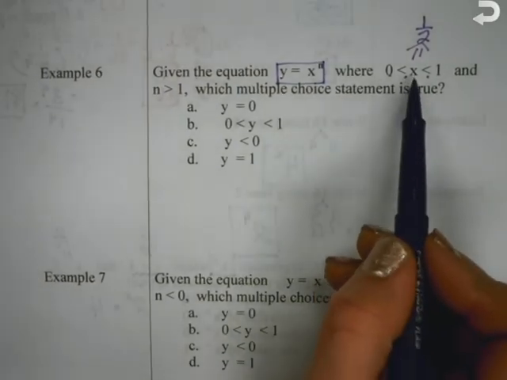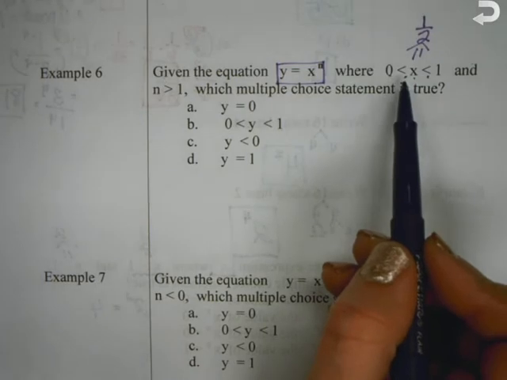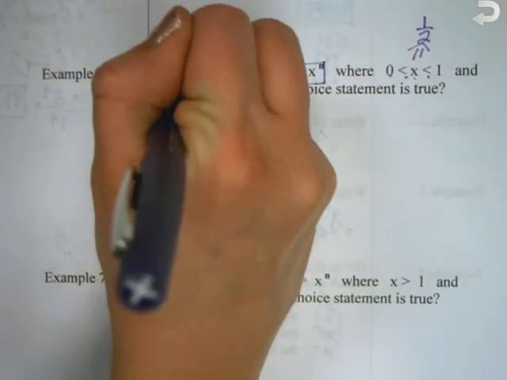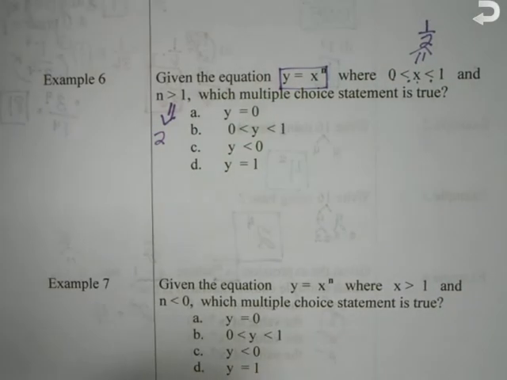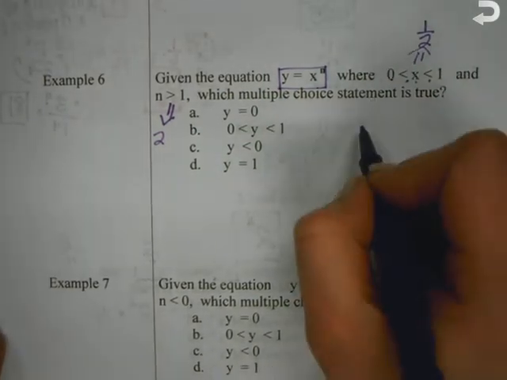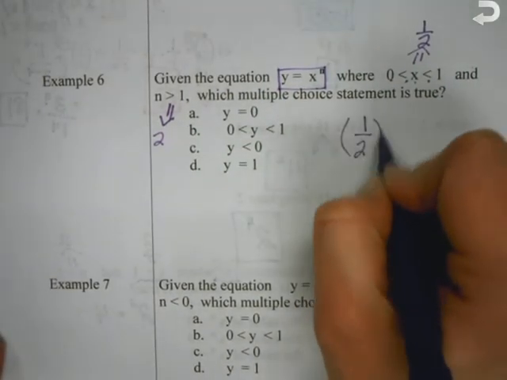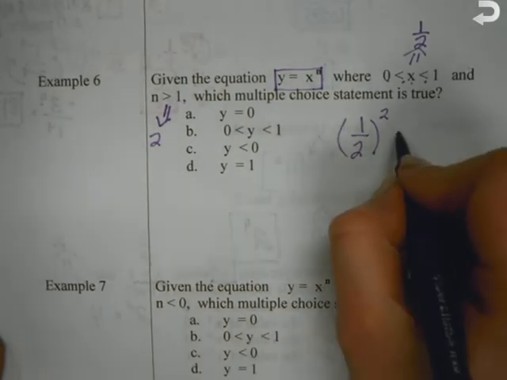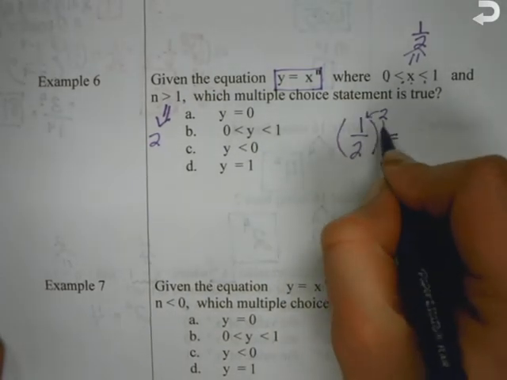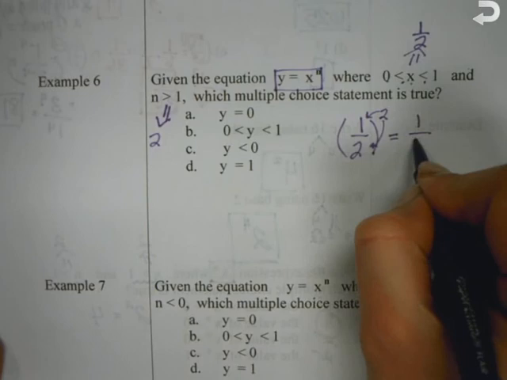And n has to be bigger than 1, so what do you guys want to pick for n? How about 2? Okay, so let's plug those both in and see what we get. We get 1/2, that was our x, to the second power. What's 1/2 to the second power? 1/4. Okay, so is 1/4 equal to 0?